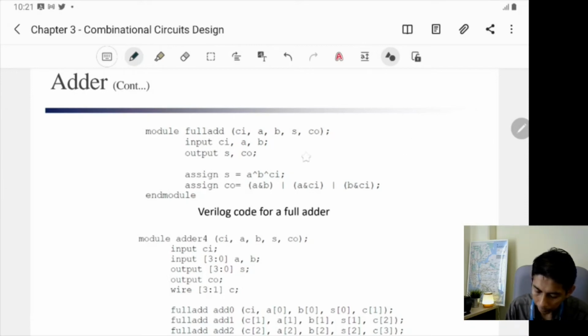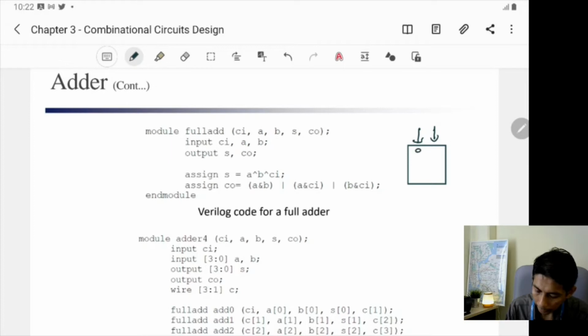When you synthesize this one, you will have a block of full adder where you have this.